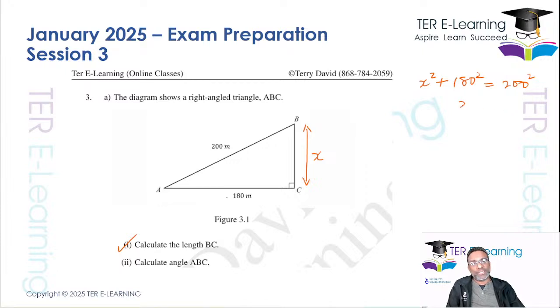So we're going to solve this here. This is going to be x squared is equal to 200 squared minus 180 squared. So x squared is equal to, so 200 squared minus 180 squared, you're going to get 7600, right?